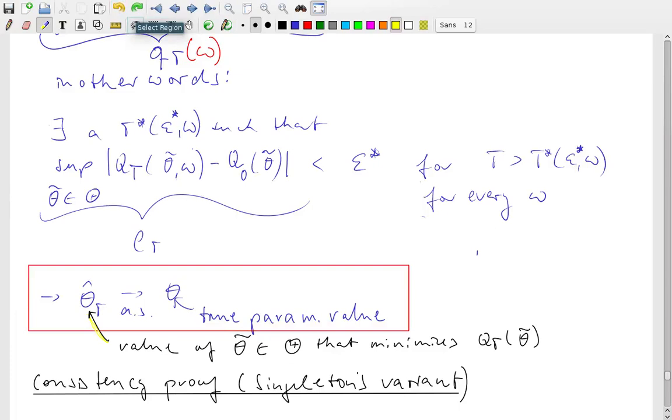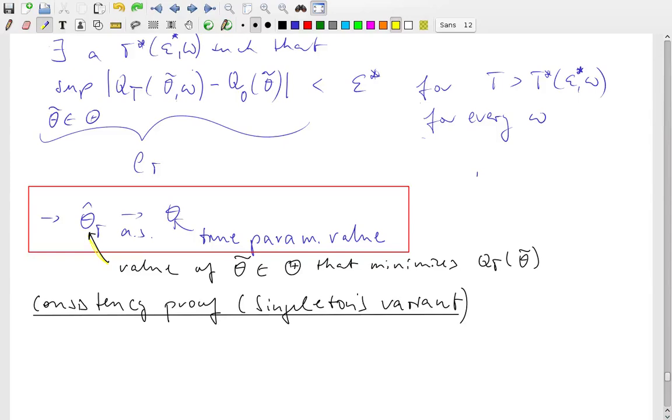The point is, this needs to be proven mathematically, not only intuitively with a plot, and for that purpose I'm going to rely on a consistency proof that you're going to find in Singleton's book. There are a couple of other consistency proofs out there which you can consider, but this proof has the advantage of being very brief, very succinct, and very elegant.